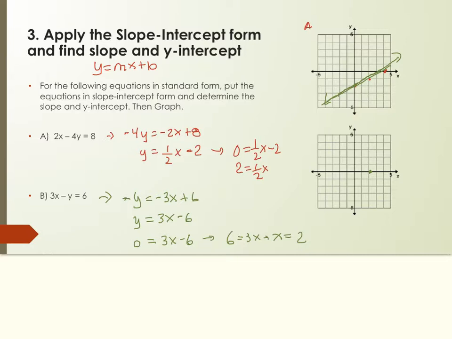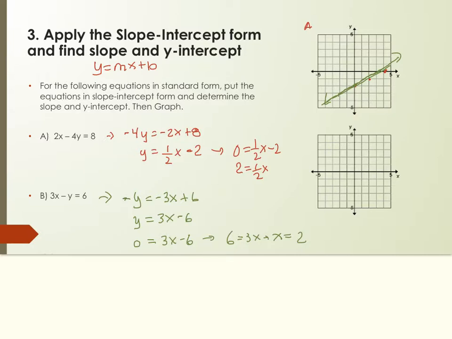1, 2, 3, 4, 5. Oops, 6 is way down here, right? So my line that I'm going to put through is going to be right through here. Sorry. Okay, there's my line. I guess I should erase this a little bit and try it all over again.